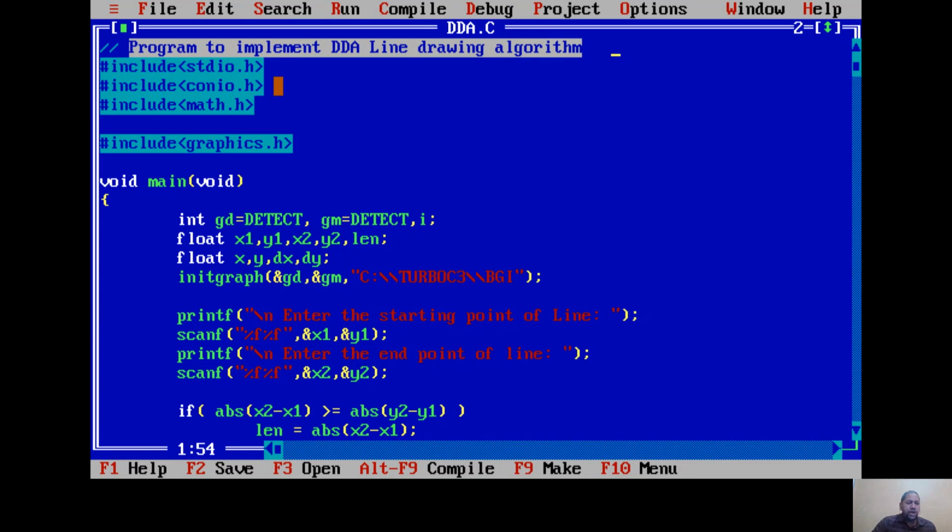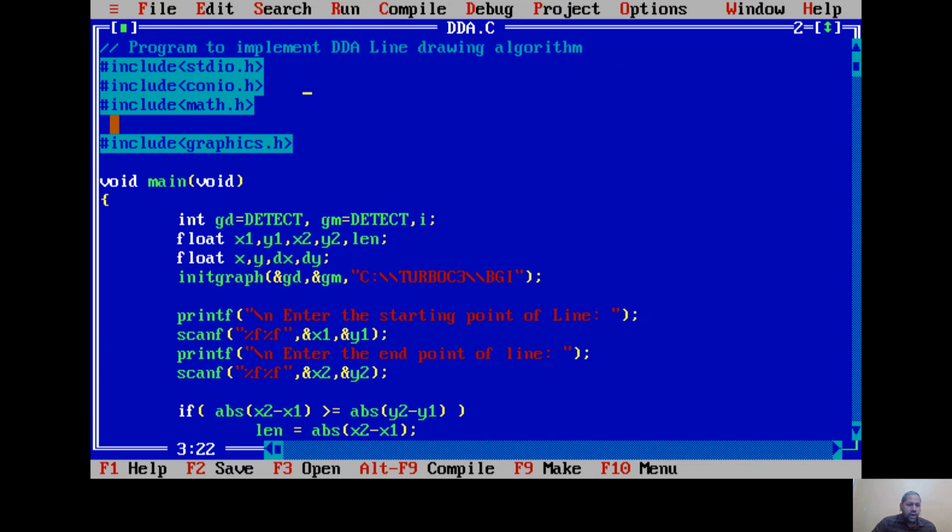As we have seen in the initial program, we must include stdio.h and conio.h. Along with these two, there is a need for us to include the header file math.h.